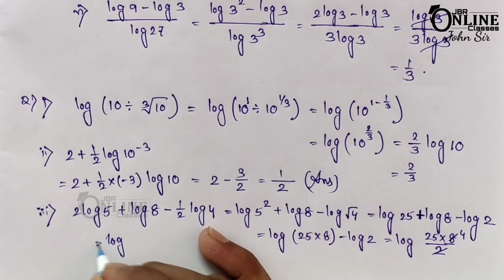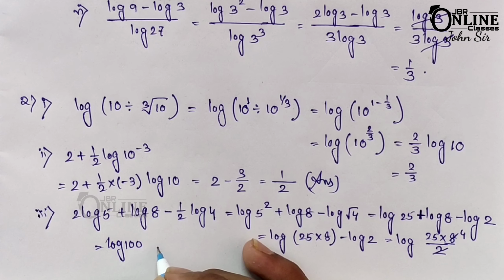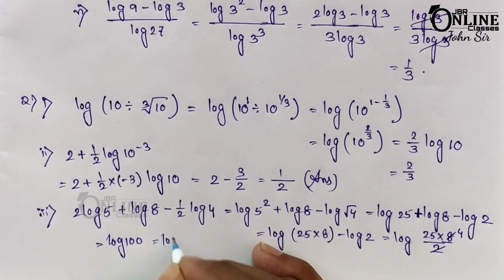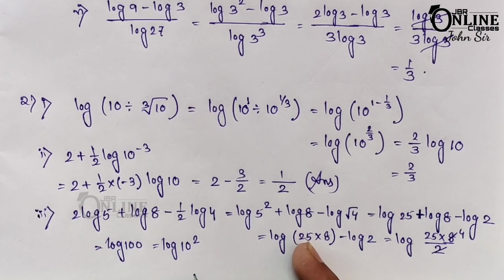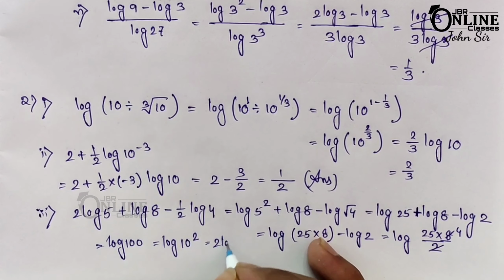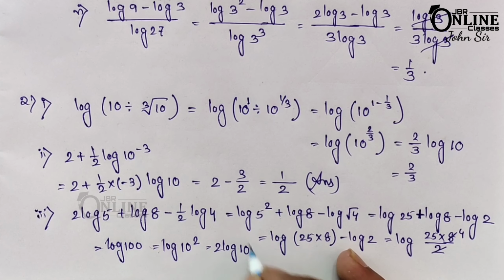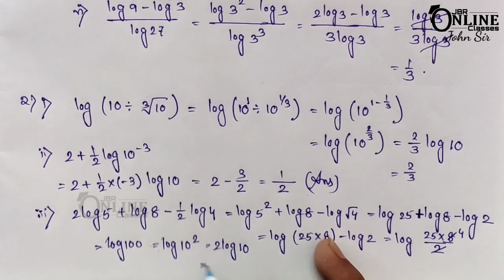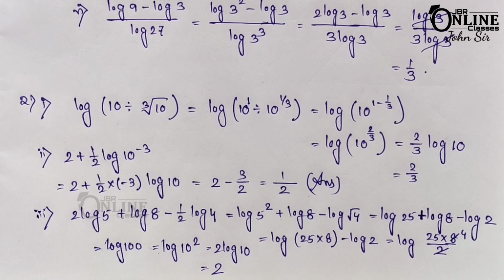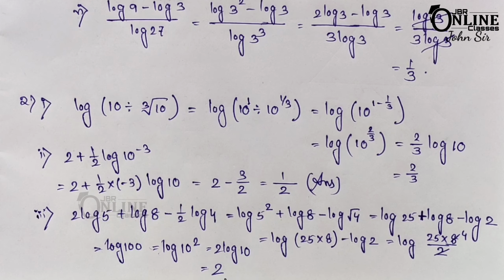Now 100 means 10 square, so log 10 square. Again 10 square, the power comes in front, so 2 log 10. As you know the value of log 10 equals 1, so the final value is 2.